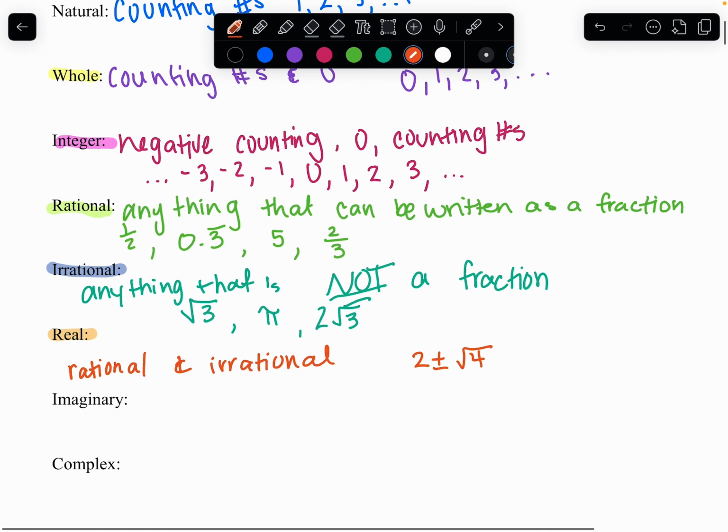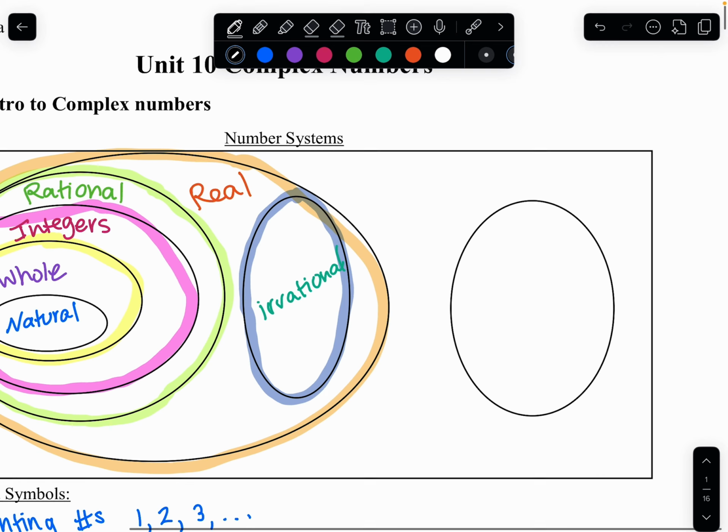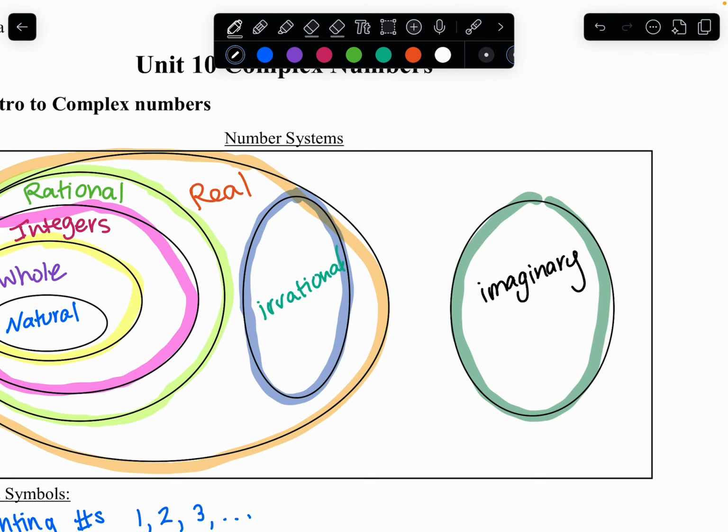So what we're looking at now is our new pieces, imaginary and complex. Imaginary is this bubble all the way by itself. These are your imaginary numbers. For imaginary, we use i. So it could be i, it could be 5i.